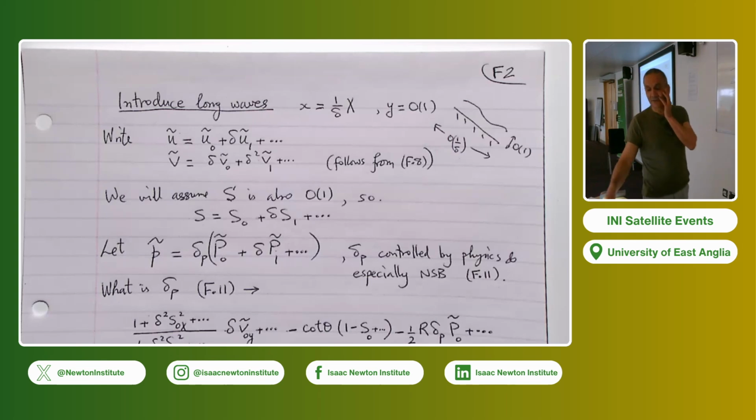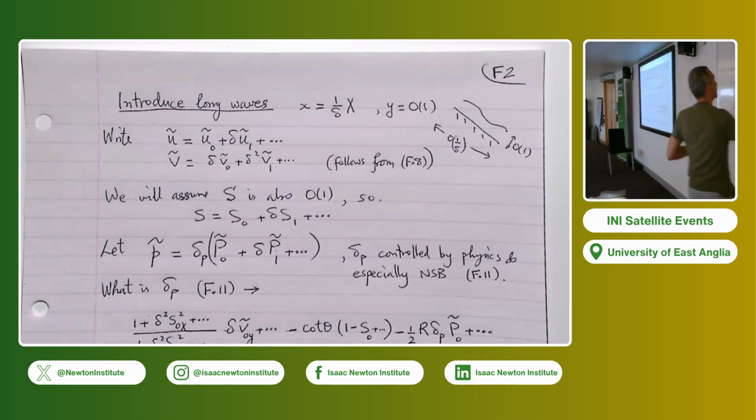Well, the reason for that is because if I start with this equation and do my change of variables, introduce the stretched variable, this term becomes delta times that V tilde y is 0.